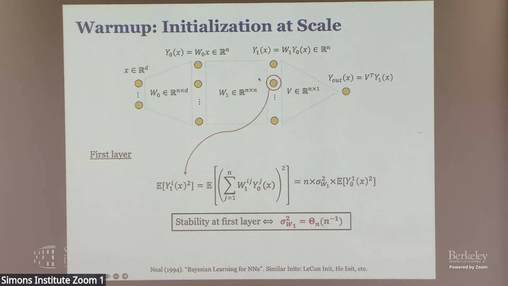Okay. And by the way, this is not new. This was done in 1994 by Radford Neal, who is currently at Toronto. He did this in his PhD thesis, where he studied Bayesian learning for neural networks. And more recently, this kind of initialization is known as LeCun initialization or He initialization, but it's really similar in flavor too. The idea is really to guarantee this stability as you scale the model.